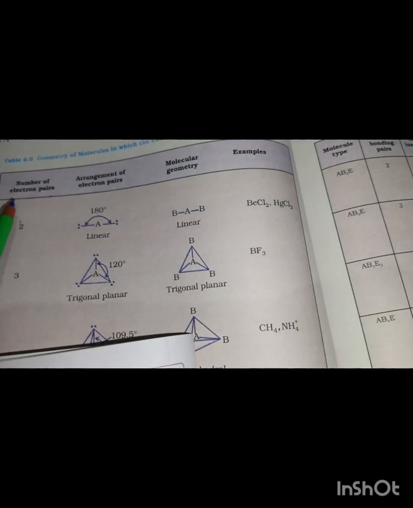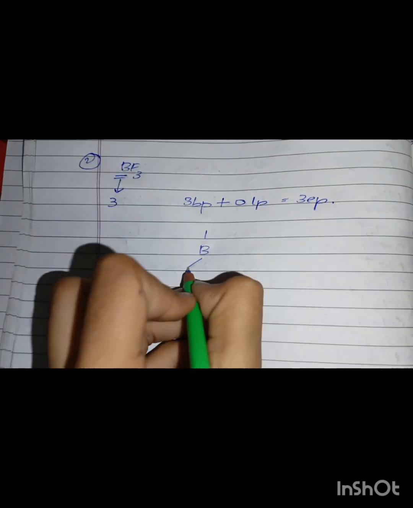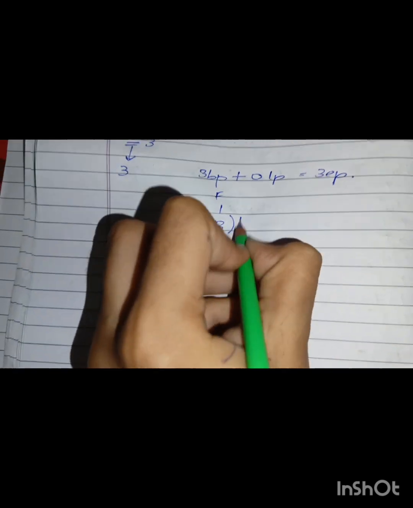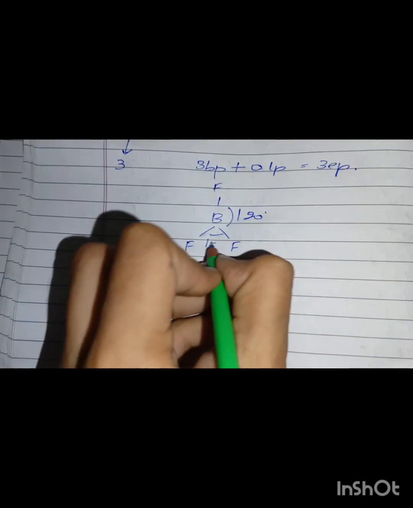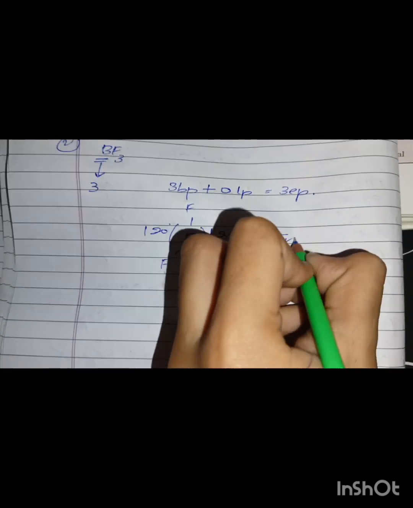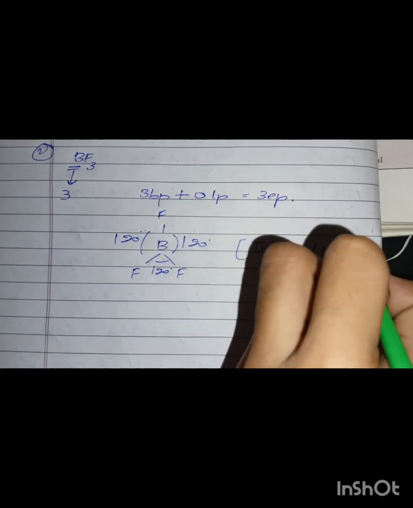If the number of electron pairs is 3, then the arrangement is like this, meaning the angle between them is 120 degrees and the geometry will be trigonal planar. So we will place the central atom in between, then the atoms at 120 degree angle. The angle between these is 120 and this arrangement is called trigonal planar.